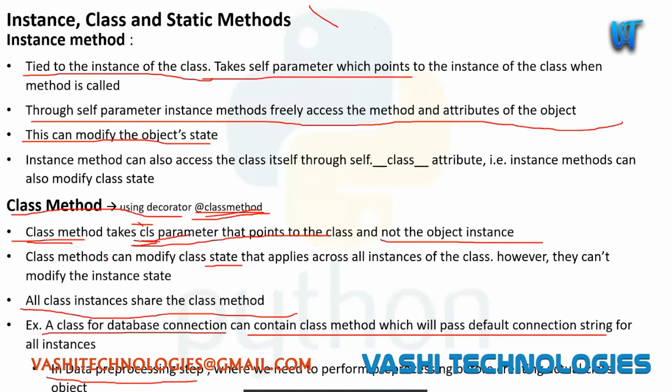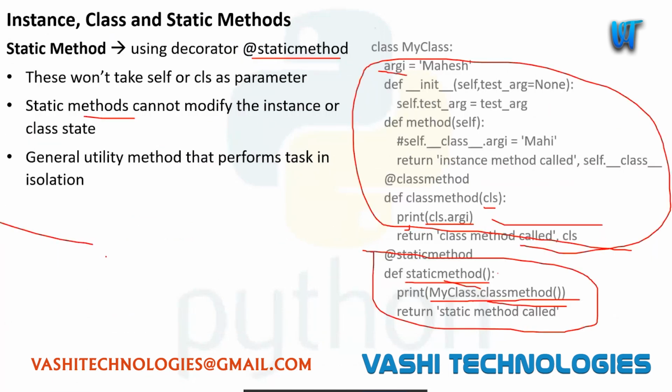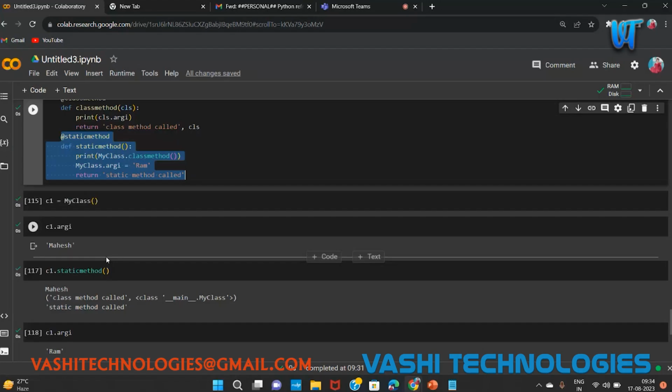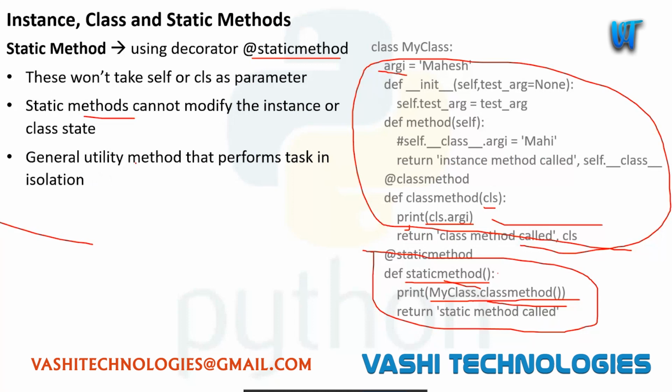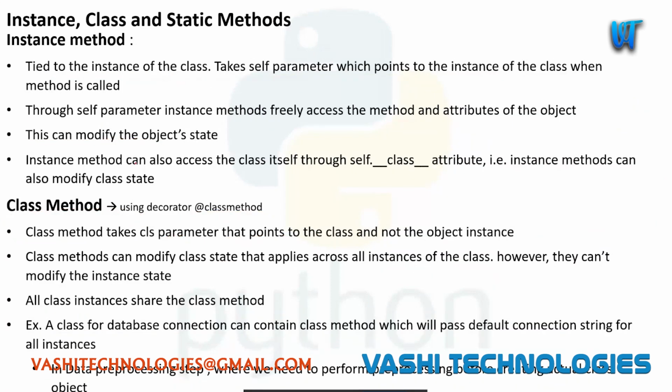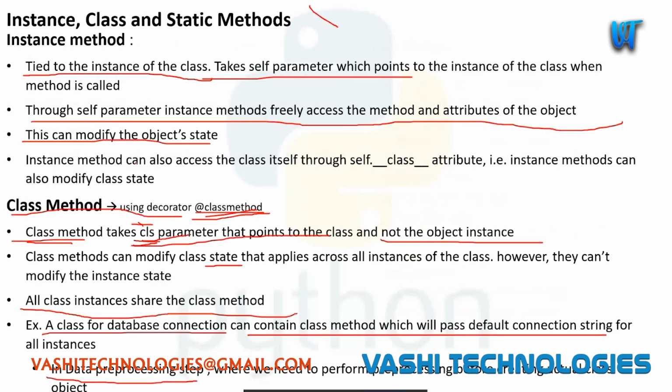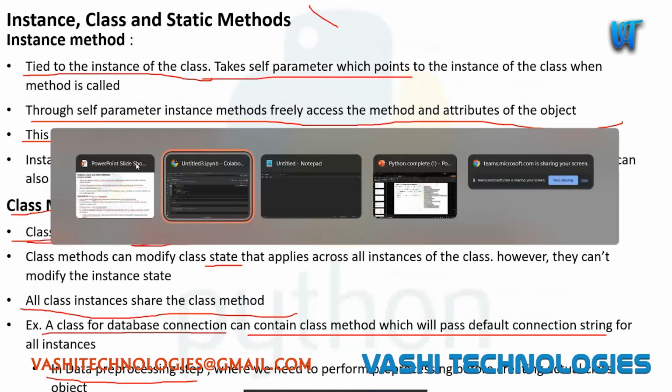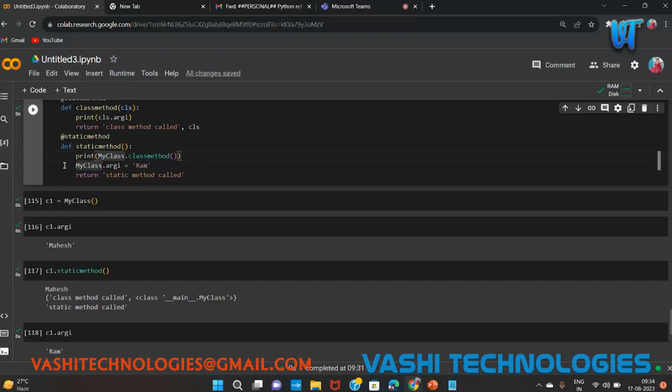Just try to revisit them as much as possible. The reason being, even though I have an understanding of this, when I actually execute it, it gives me a different result. So this is the sort of confusion which will arise in instance, class and static methods. Just revisit them, and if you have any doubts, note that I have come up with one doubt: ideally a static method shouldn't be doing this thing, but it's doing this thing.